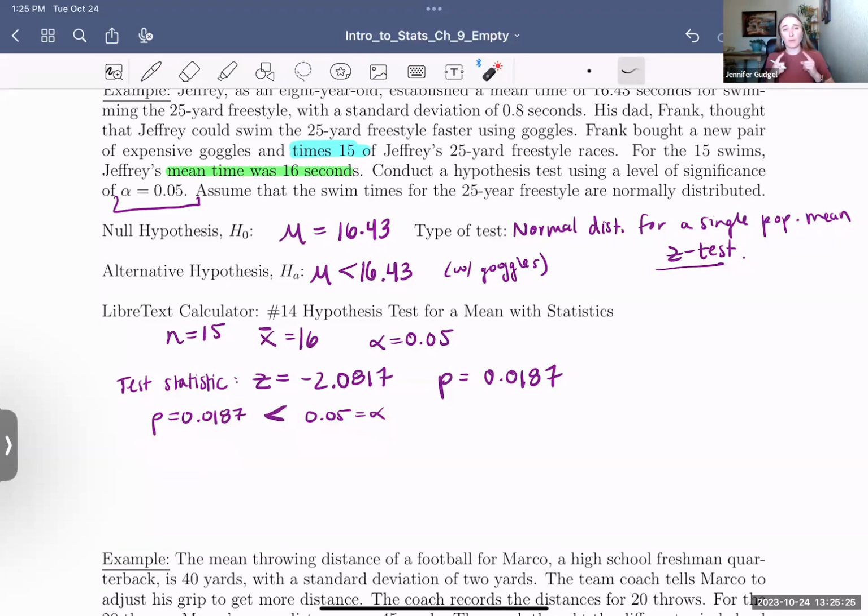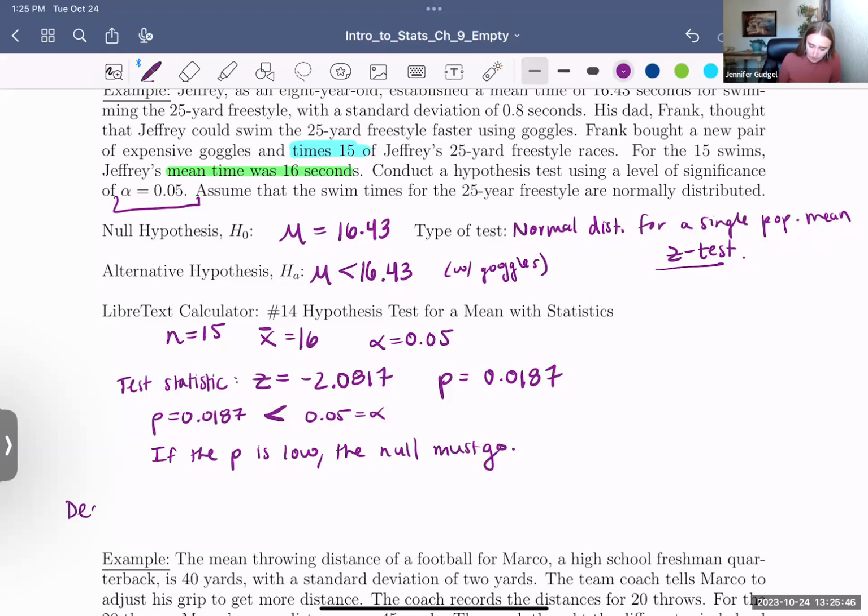Our rhymes, however, are involving p. So we think, is p high or is p low? P is the smaller number here. P is low. All right. And if the p is low, what was our rhyme? The null must go.